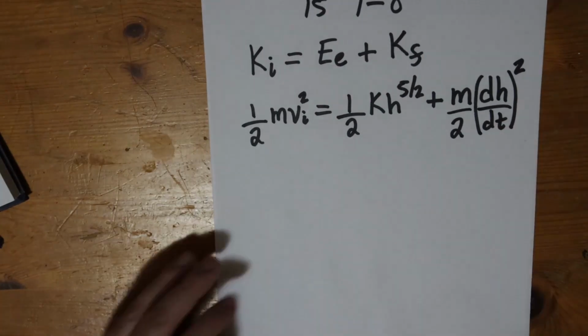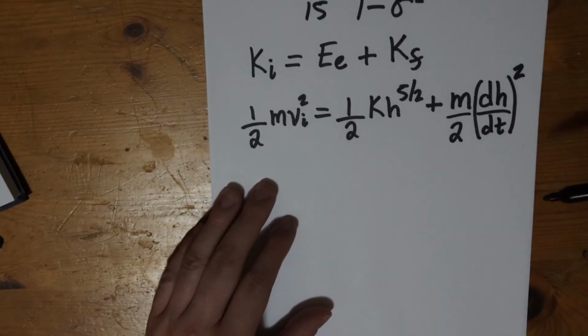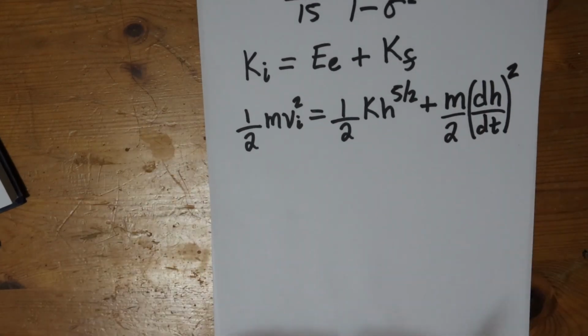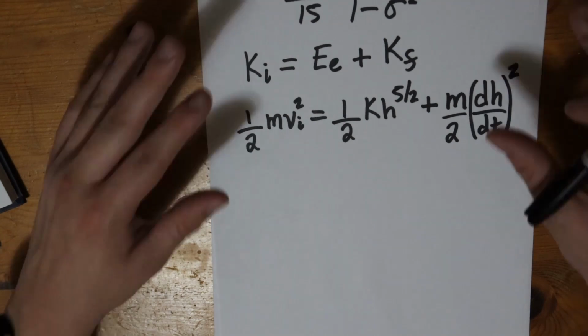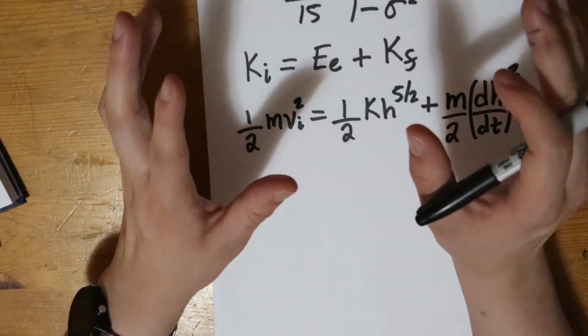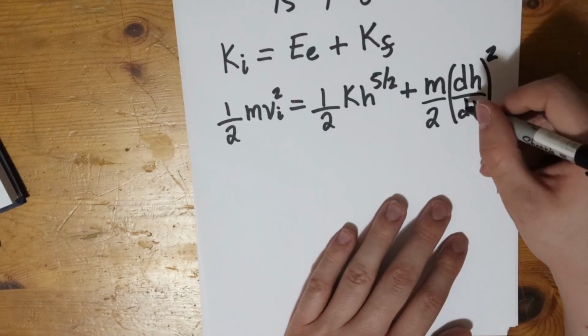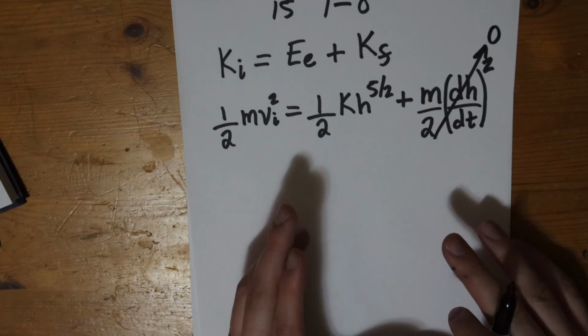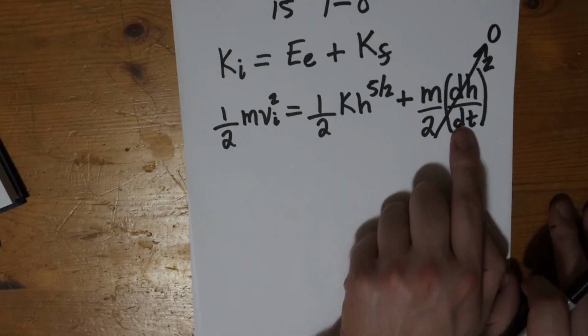And so if you have a collision at the moment of maximum pressure, dh over dt is going to be 0, because suddenly your particles are not moving when they have collided and they are at the maximum pressure. So at that moment, you can say it's 0. And from that equation, you can deduce what h is.